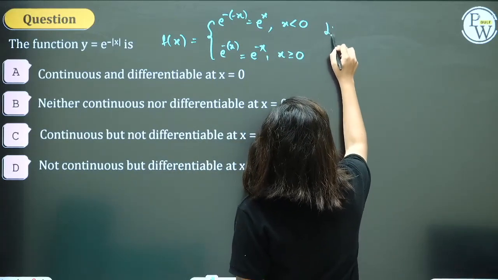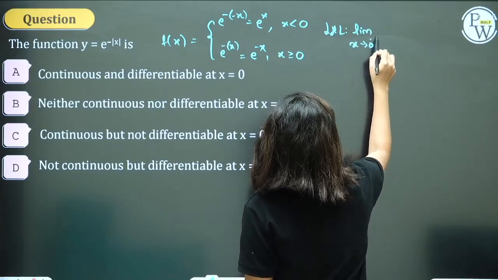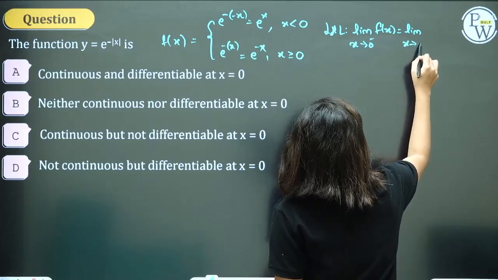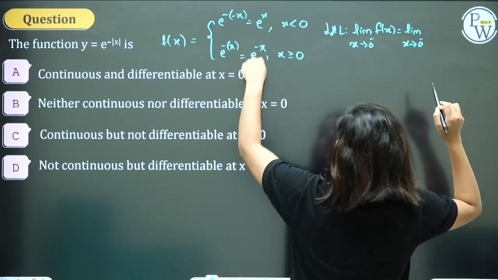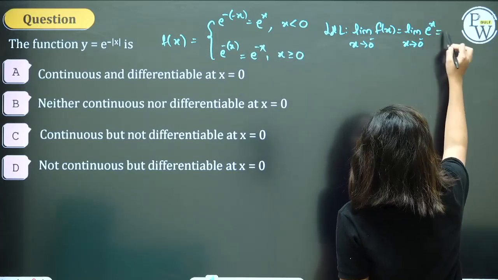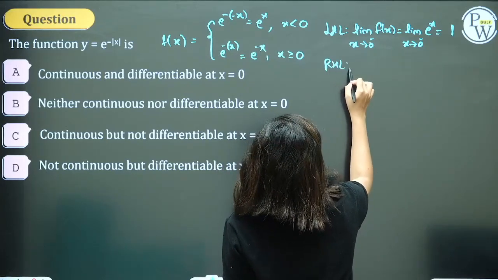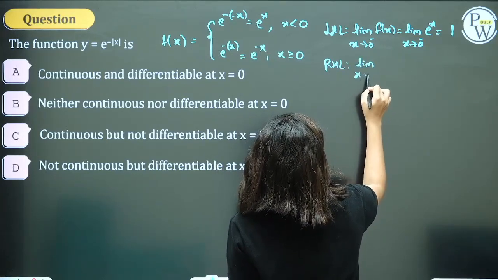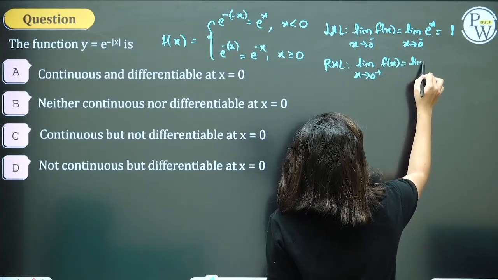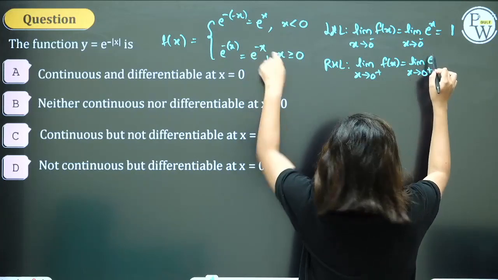Okay, let's find the LHL. Limit x tends to 0 minus f of x, which is limit x tends to 0 minus of which function? First or second? x less than 0, first function. Put x as 0, anything raised to 0 is 1. Great. What about RHL? Limit x tends to 0 plus f of x. e raised to minus x.